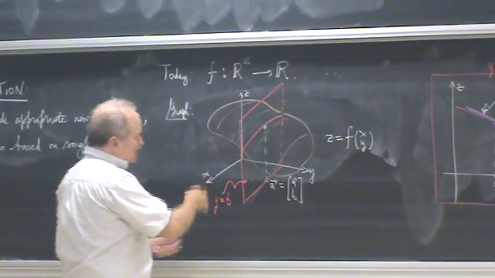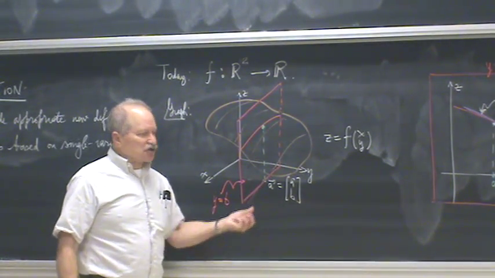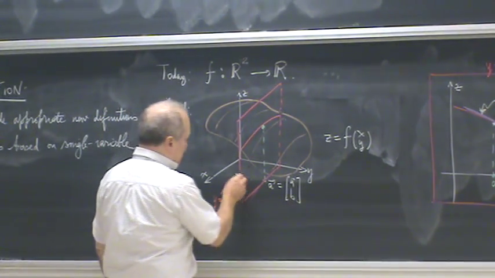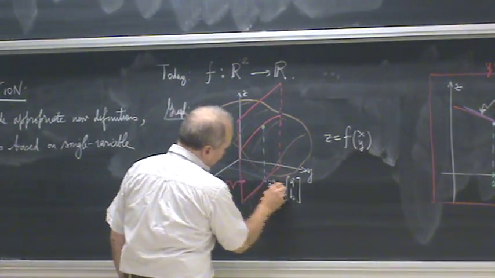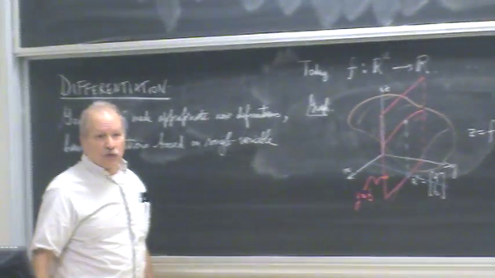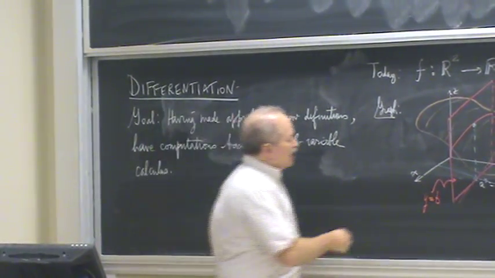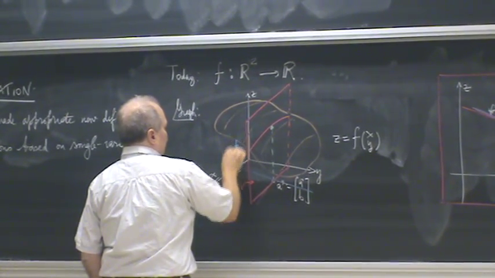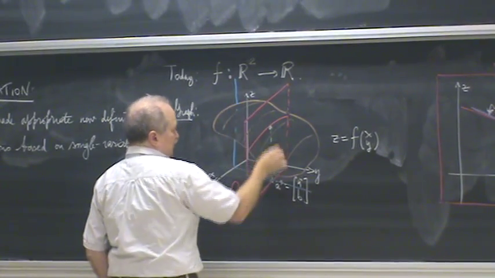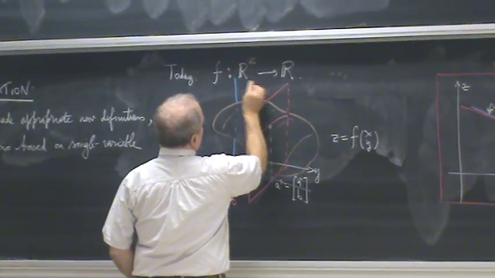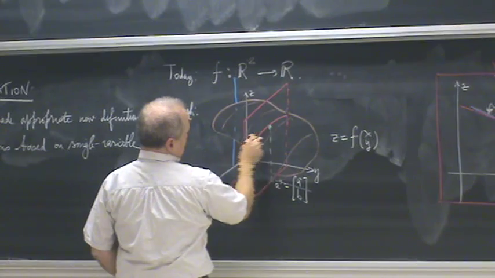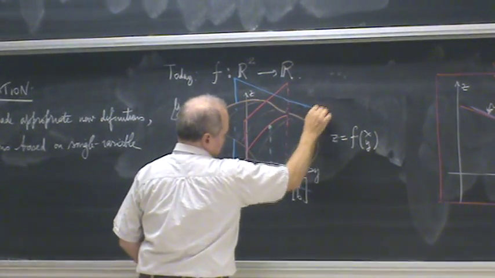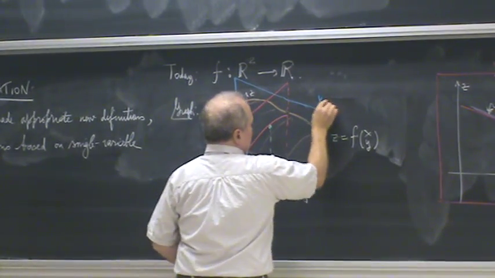All right, so in the meantime, I'm sitting here with my picture and y feels left out, so to make y feel better, we're going to do the same game and imagine fixing x, varying y, thereby slicing the surface now with a different plane where x equals a.